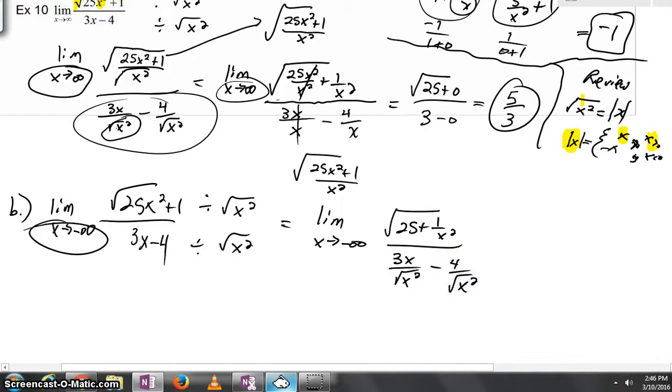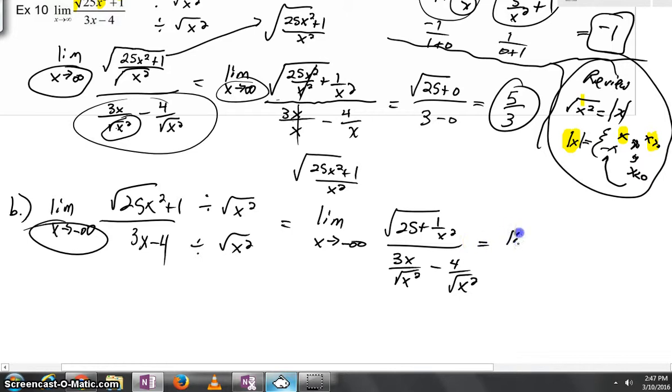And it's so tempting to say, oh, it's the same exact thing. No, it isn't. Look up here where I wrote review. The square root of x squared is the absolute value of x. But the absolute value of x, when x is negative, guys, turns into the opposite of x.